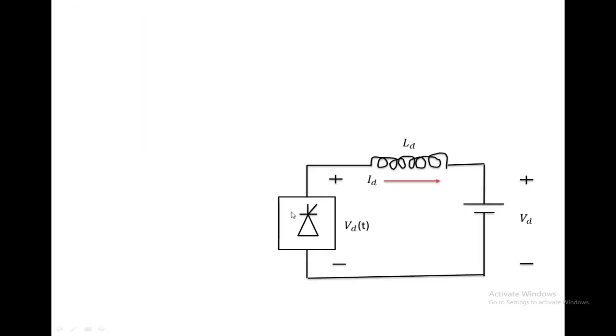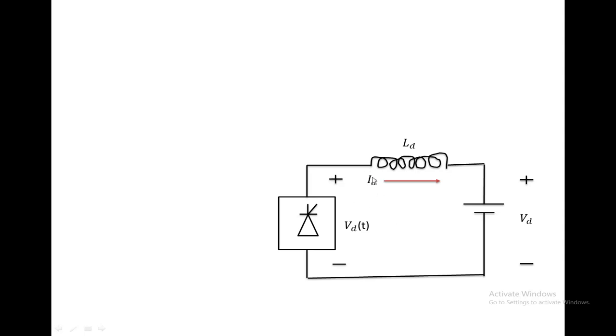This is the converter, that may be the 6 pulse converter or 12 pulse converter. The output voltage of this converter is Vd of t. This is the smoothing reactor. After the smoothing reactor, we are assuming that constant voltage Vd is there. Theoretically, we are assuming that the DC link current is constant.